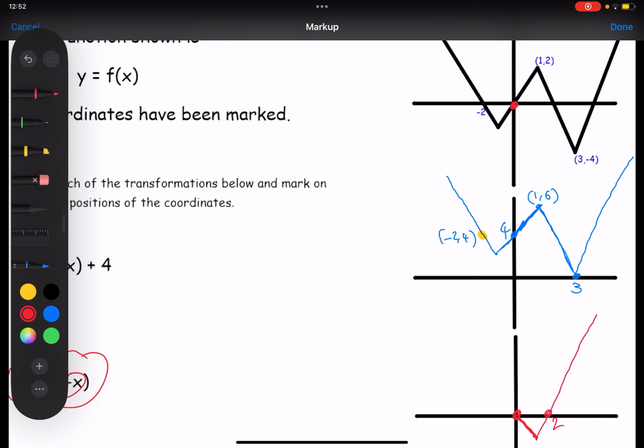This point here is the 2 from over there. So I've just reflected that in the y-axis to be there. And I'm going to do the same on the other side. I'm going to reflect this part of the graph over to be like that.